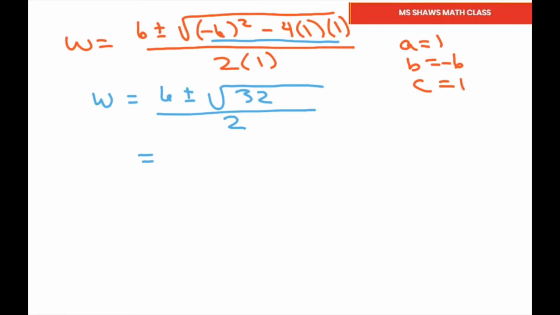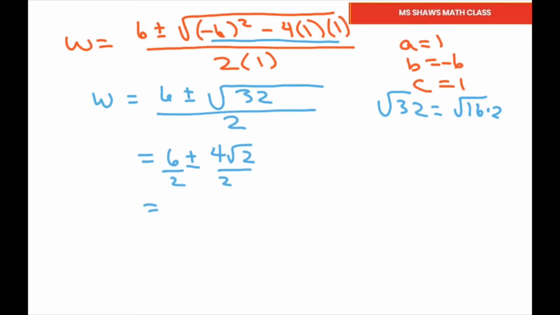Remember, the square root of 32 equals the square root of 16 times 2. So the square root of 16 is 4, and you're left with 2 inside. Then we'll put the 2 under each piece here. So this gives you 3 plus or minus 2 square root of 2.